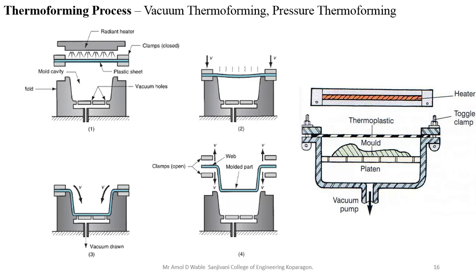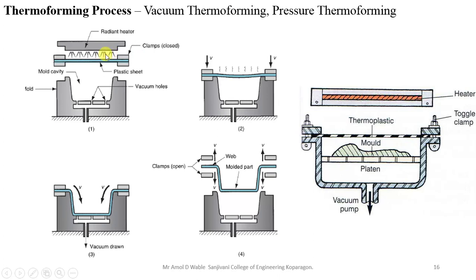Heating is carried out by radiant electric heaters located on one or both sides of the starting plastic sheet. The time of heating depends on the type of polymer, thickness and color. The methods used to carry out this operation are classified as vacuum thermoforming and pressure thermoforming.